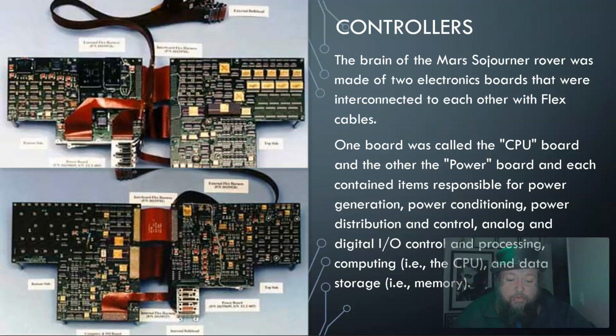And the other is the power board, and each contain items responsible for power generation, power conditioning, power distribution control, analog and digital sensor information coming in, control and processing computing for the CPU, and data storage, i.e. memory of what's going on. So you can see that more complex will have more things added to it, and you could take simpler, smaller controllers and connect them together and construct something more complex after that point.